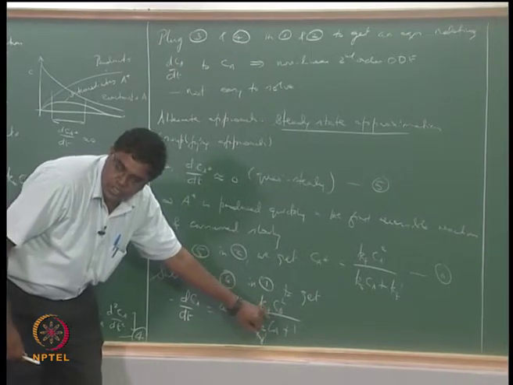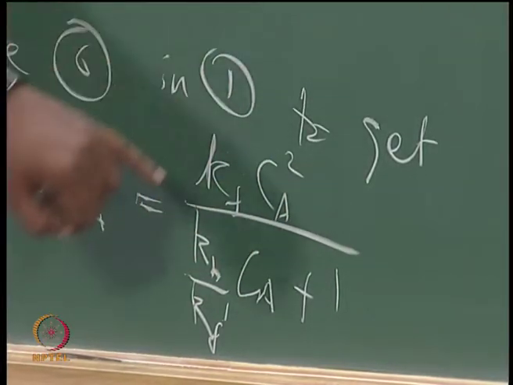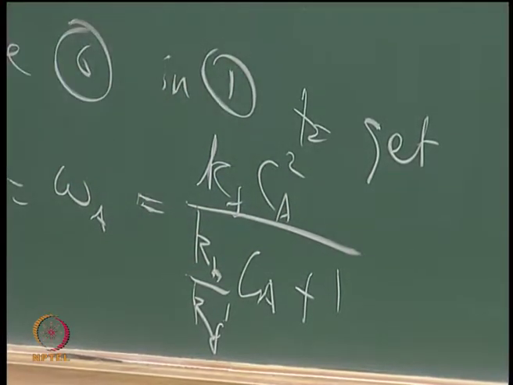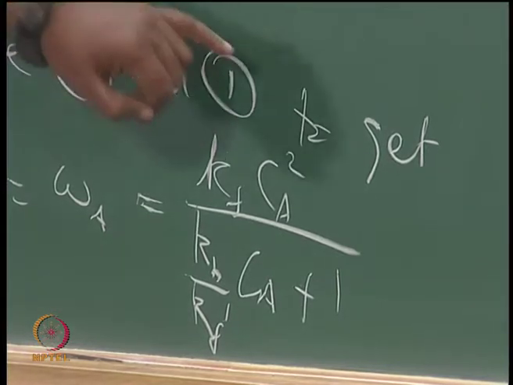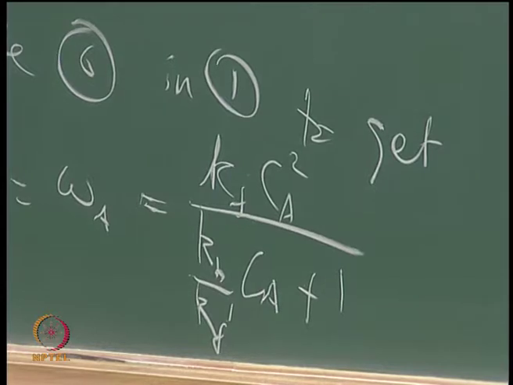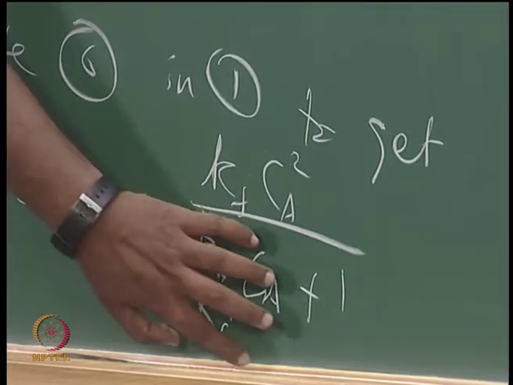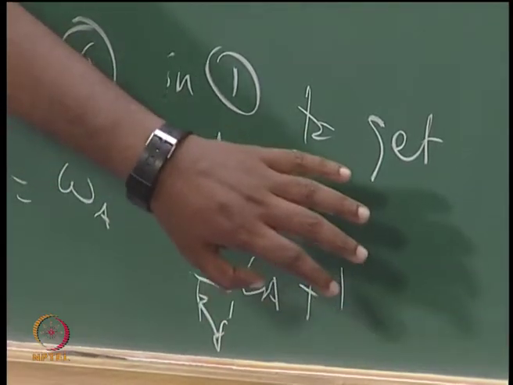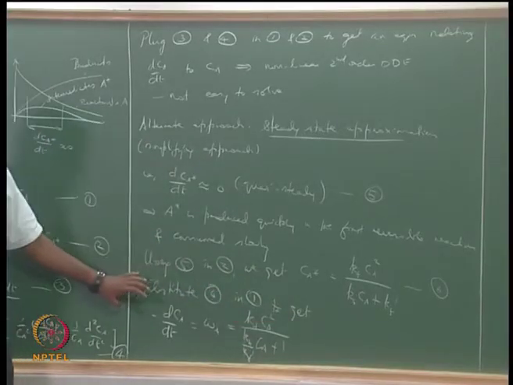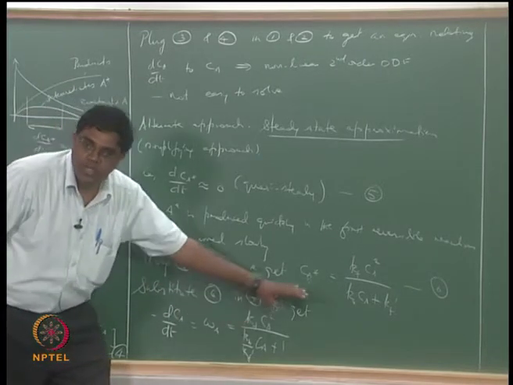If you didn't have the plus 1, you could have cancelled Ca top and bottom, and you will have the rate depend only on Ca alone, not Ca squared. But if you didn't have this term and you had only 1 in the denominator, then dCA over dt is going to depend on Ca squared.